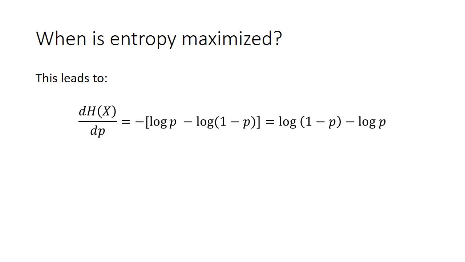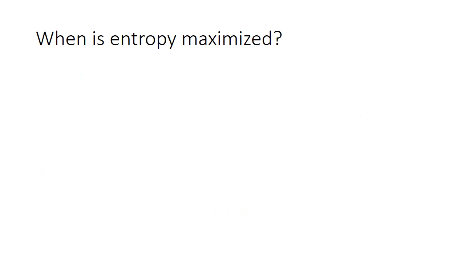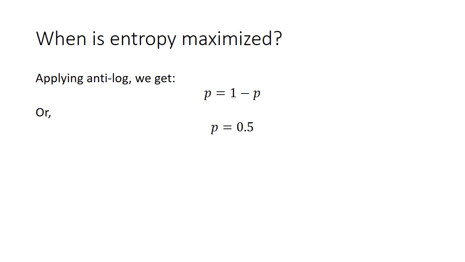Because we're going to maximize it, the first derivative needs to be 0. So substituting the first derivative equal to 0, we get log p equals log of 1 minus p. Applying the anti-log gives us p equals 1 minus p, or p equals 0.5, which means at p equals 0.5 the first order derivative vanishes to 0, and that's a point where we can have the maxima, minima, or inflection.